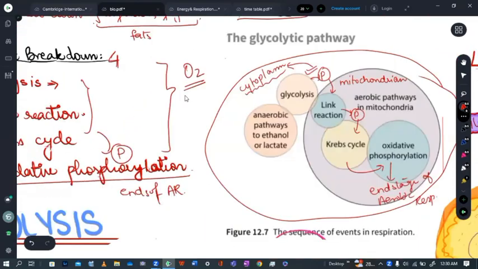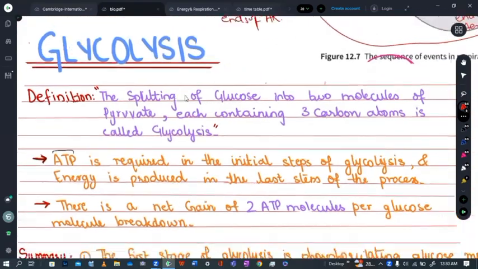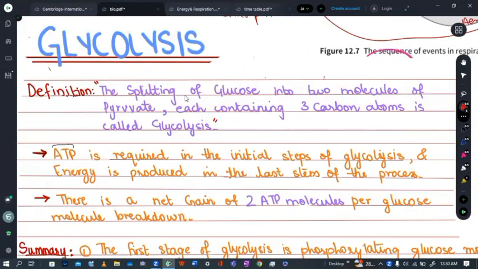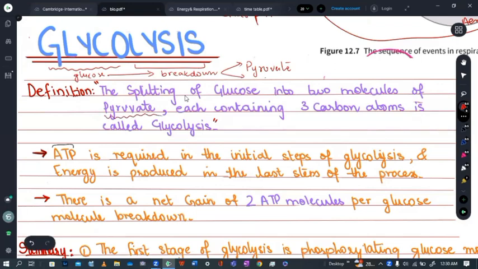Then, coming to the first stage of aerobic respiration, which is glycolysis. As the name suggests, glyco is used for a glucose molecule, and lysis means breakdown of any substance. So here, glucose is breaking down into a molecule called pyruvate. The definition of glycolysis is the splitting of glucose into 2 molecules of pyruvate, each containing 3 carbon atoms.